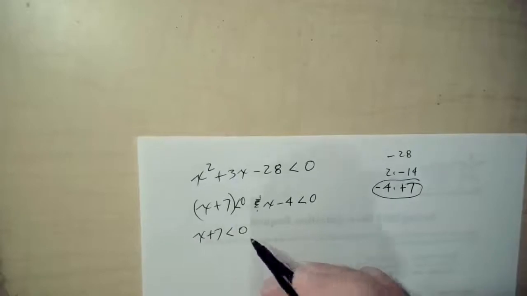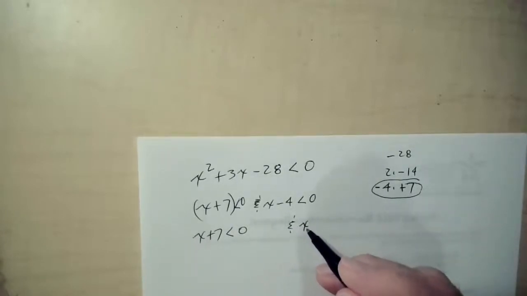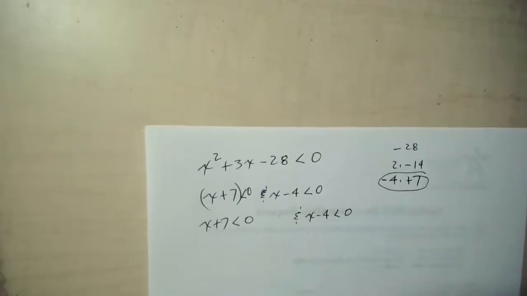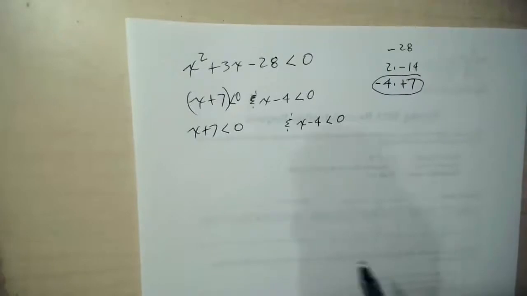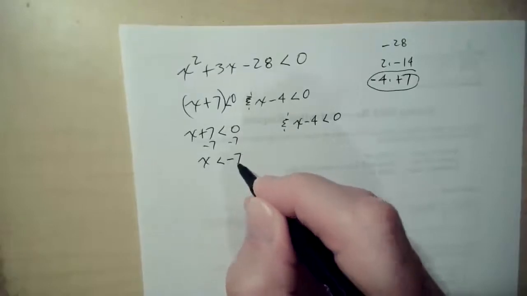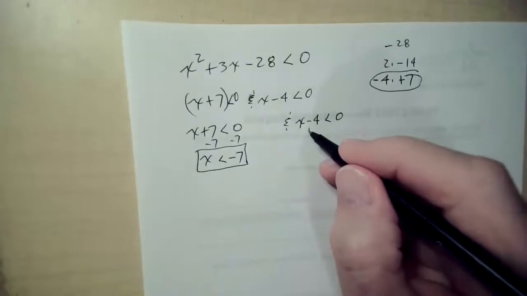Let me rewrite this. So we have x plus 7 is less than 0 and x minus 4 less than 0. Okay, so we subtract 7 from each side, so x is less than -7.